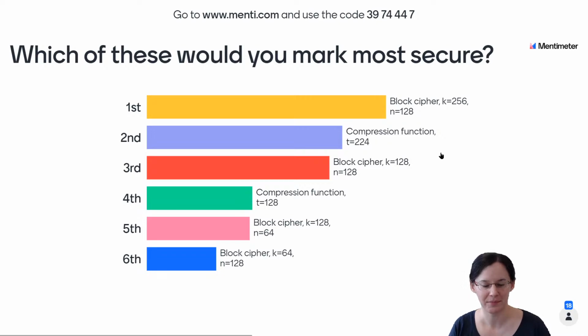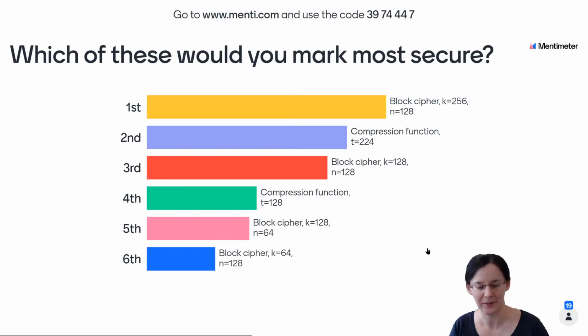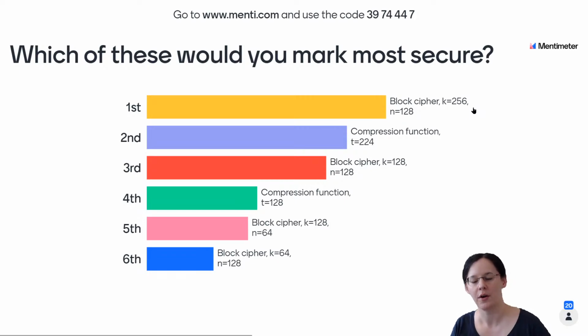Okay, so there is some disagreement apparently about the relative position of these two and of these two. They swap occasionally. But you seem to agree that this one here is the strongest, and indeed it is. It should offer approximately 256-bit security with respect to key recovery. But of course, the smaller block size might make it possible for some other attacks to happen.